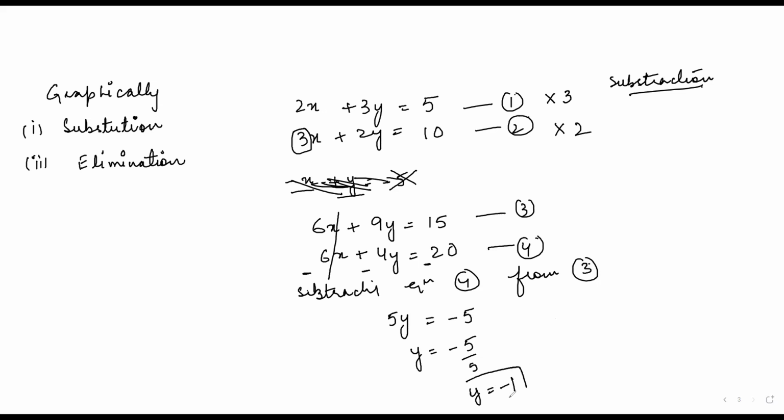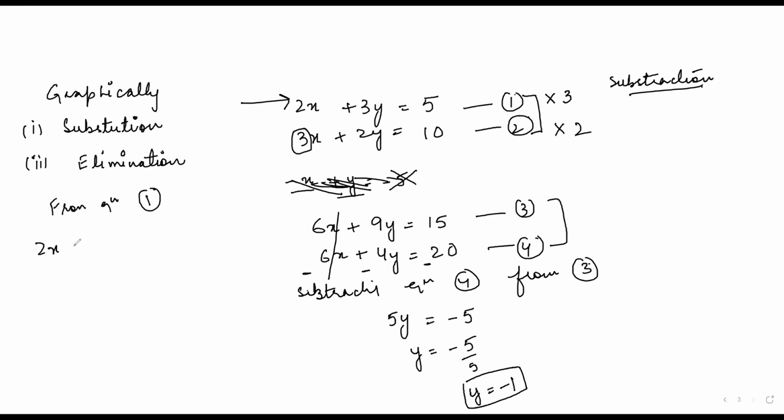Now one variable I have got, I can substitute this value in any of the equations and I'll get x. Okay. Either you can use 3 and 4 or you can use 1 and 2 equation. There is no problem. Wherever you wish, you can put this value of y, you will get x. Let me substitute it here in equation number 1, right? From equation number 1.